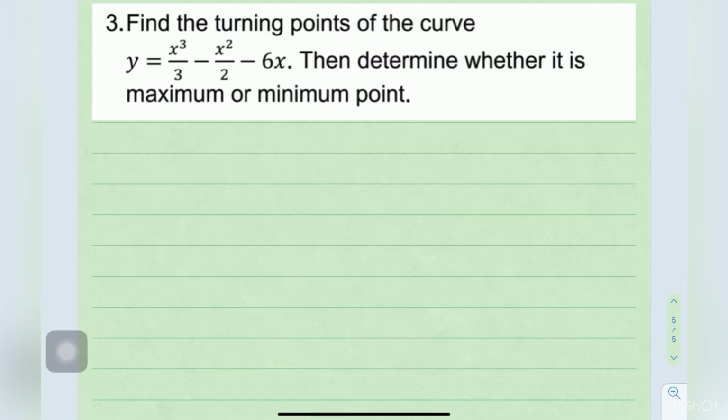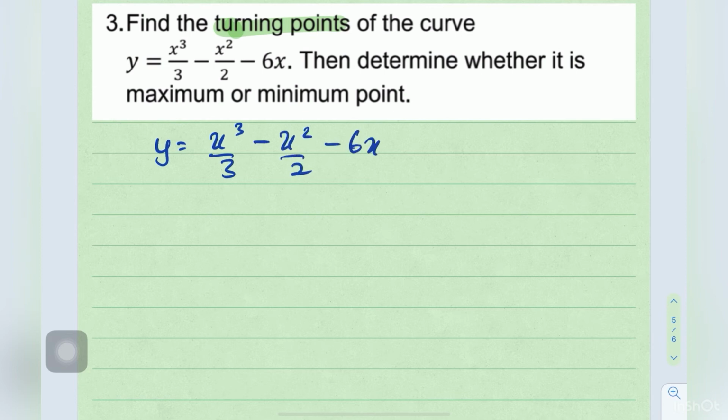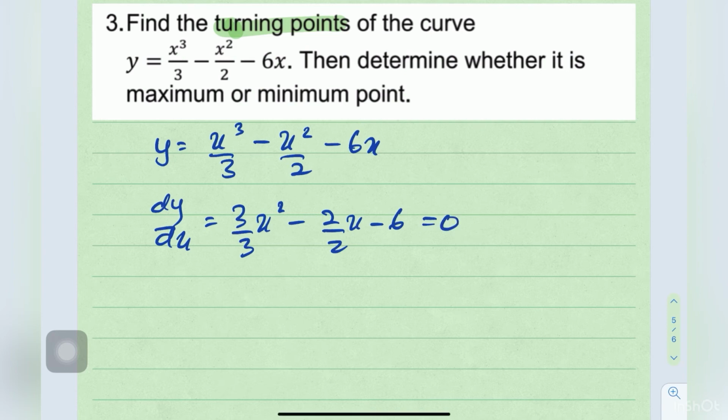Number 3, find the turning point, dy/dx equals 0, for y equals x cubed over 3 minus x squared over 2 minus 6x. So dy/dx is 3/3 x squared minus 2/2 x minus 6 equals 0.